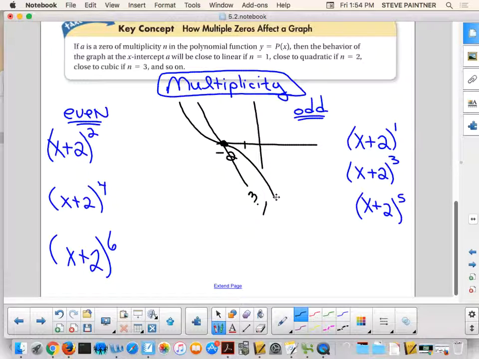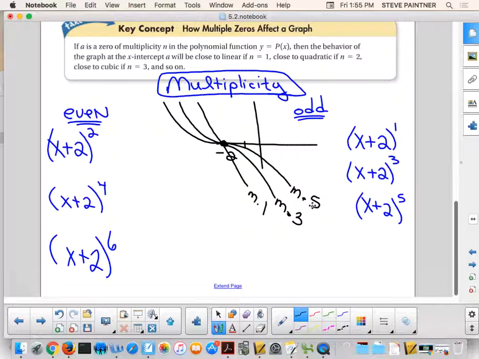This goes through quick. This one goes a little slower. I call it flatter than the previous one. So this would be multiplicity of 3. Any guesses what a 5 would be? Even slower. Here's a 5. So the higher the multiplicity, the slower it goes through your x-intercept. You get that?